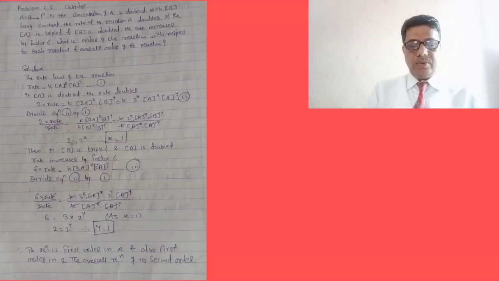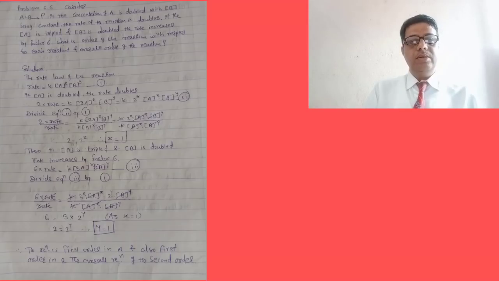So on solving this one, we obtain on the left side 6 is equal to 3 into 2 raised to Y, on the right side, as X is equal to 1, so 3 raised to X. So shifting 3 to the left side, 6 by 3 is equal to 2 is equal to 2 raised to Y. So bases are the same, then powers are the same, so Y is equal to 1.